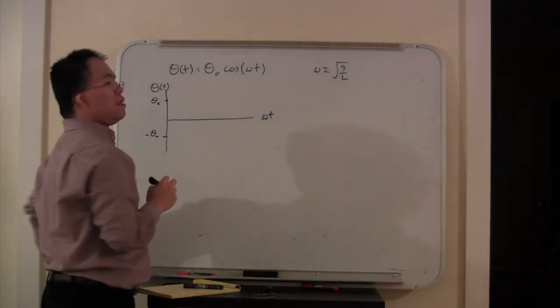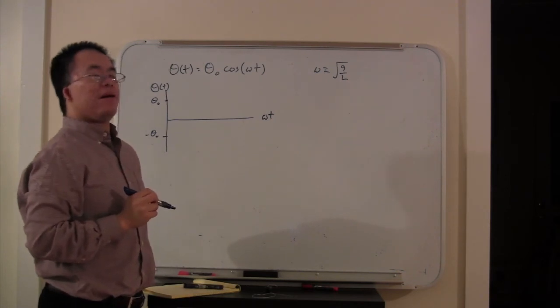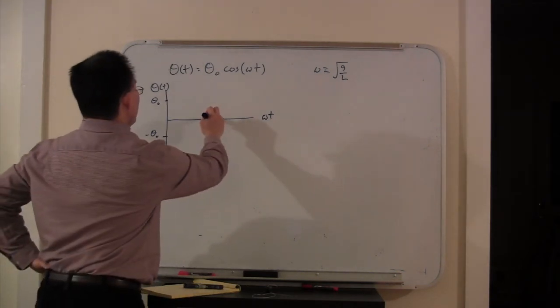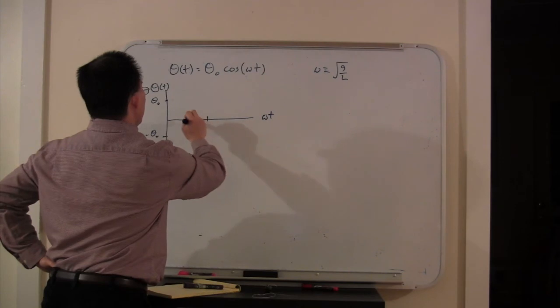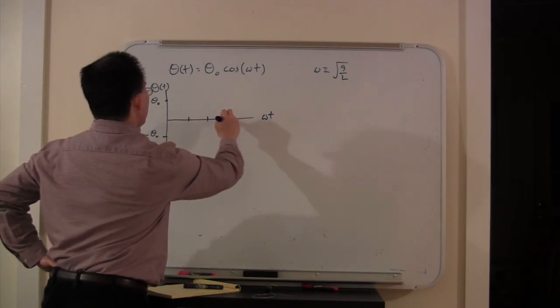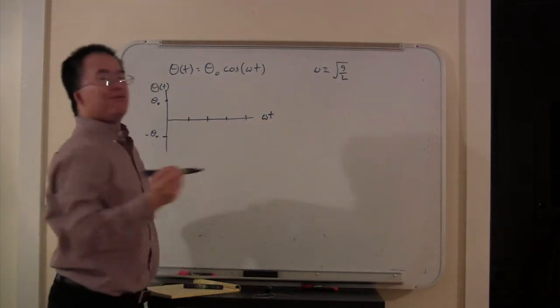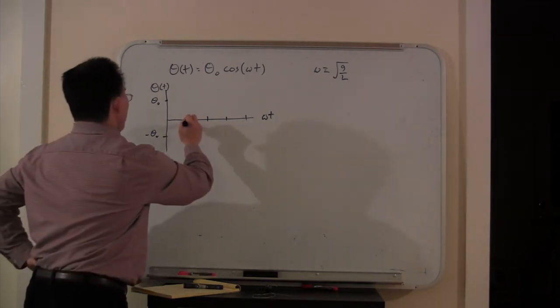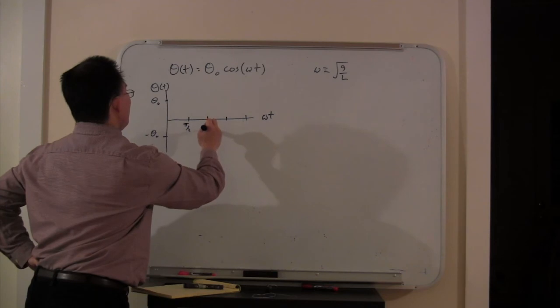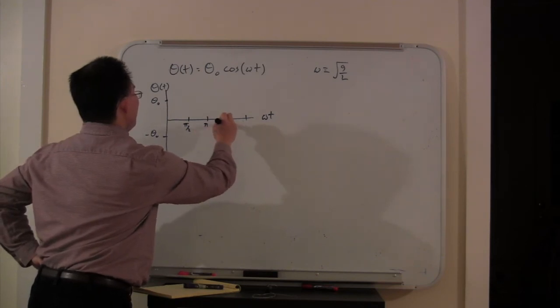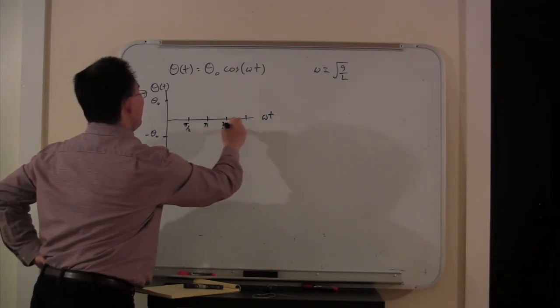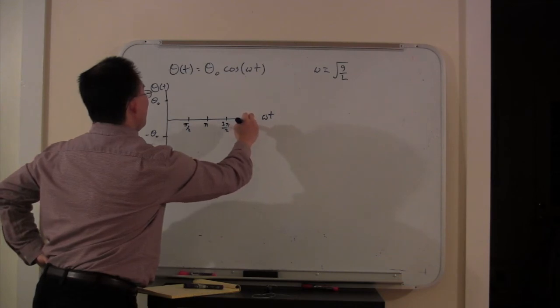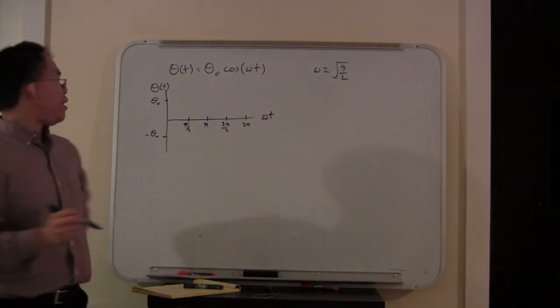What else do we know about cosine, right? So let me just draw in. So know your unit circle. It's really helpful. So here's pi over 2. Here's pi. Here's 3 pi over 2 and 2 pi.